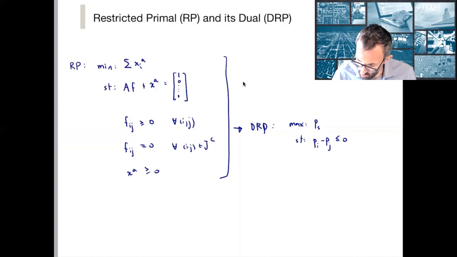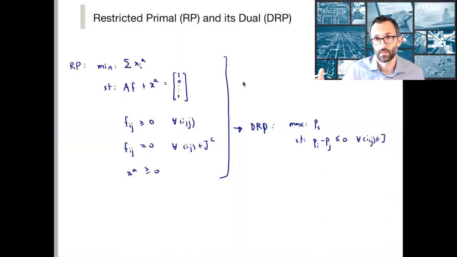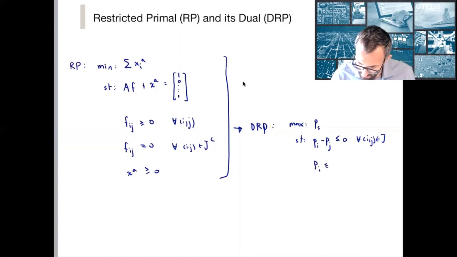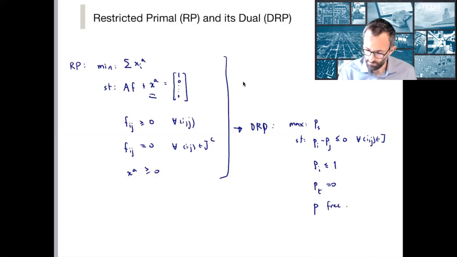And so this is true only for all admissible columns, for every ij in J, the tight constraints from the dual solution where I started. Then I have my Pi less than 1. That comes from the identity matrix that's sitting there. And otherwise, PT is equal to 0, and otherwise P is free. And so this is my dual restricted problem.